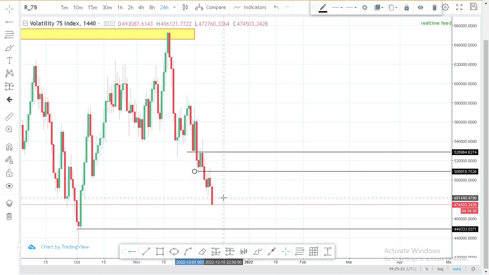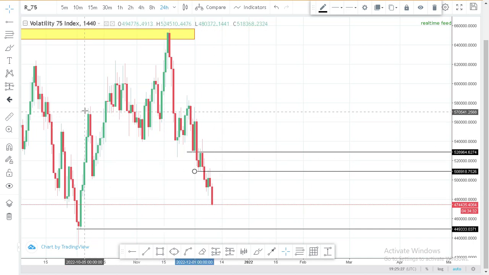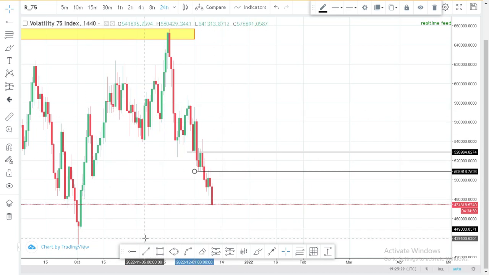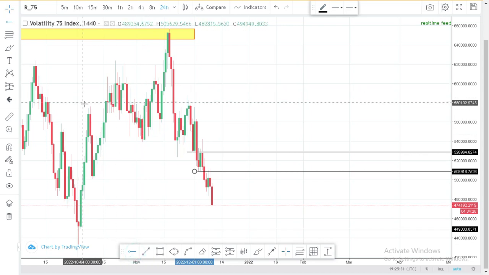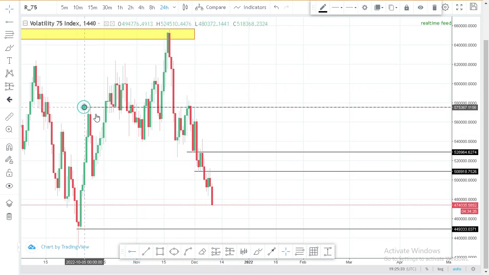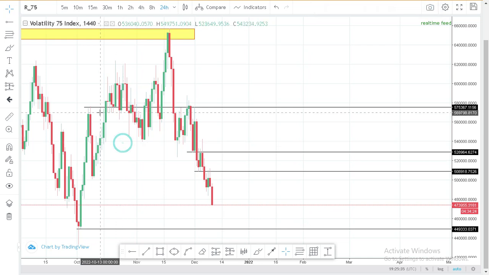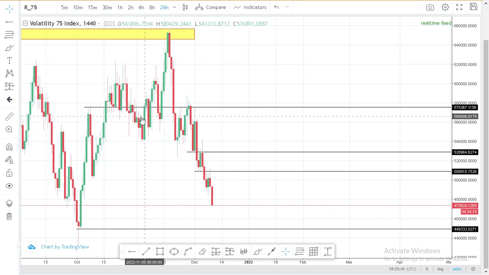So we had nice entry points, guys. We have another resistance there. It's just a clear zone, guys, so that's why I highlighted it. If you look at your left and your right, you can see it's just a clear retest. There is nothing much behind it.